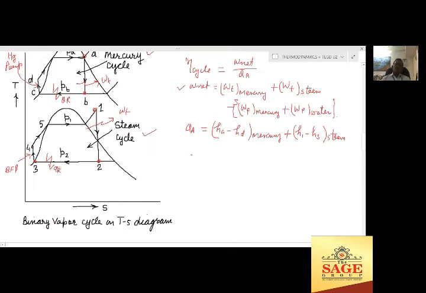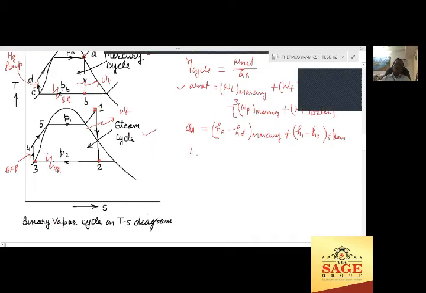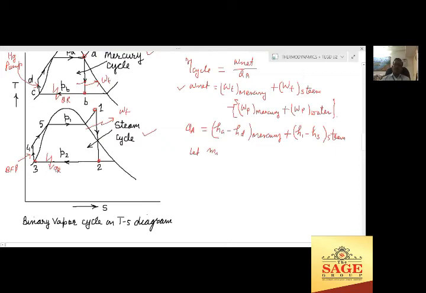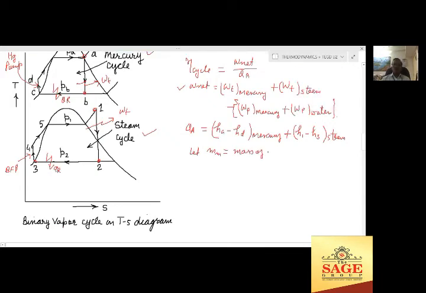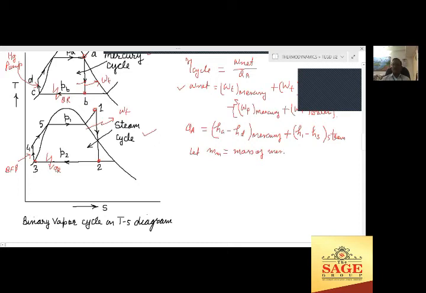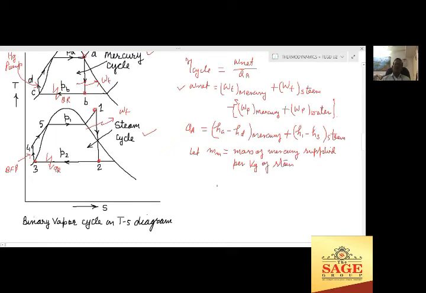Now let us consider that mm is the mass of mercury supplied per kg of steam. Then we can write the net amount of work done.